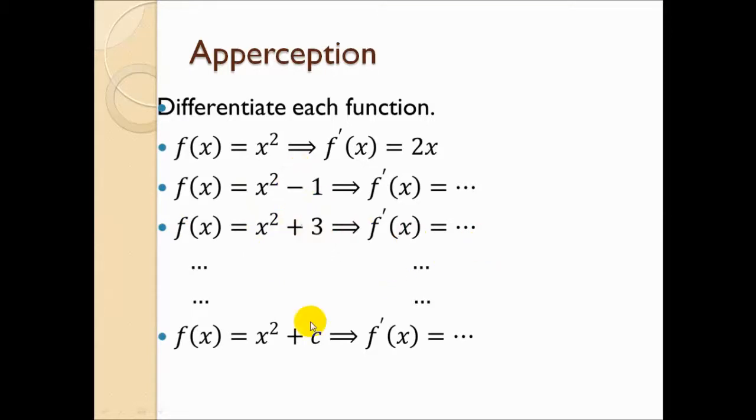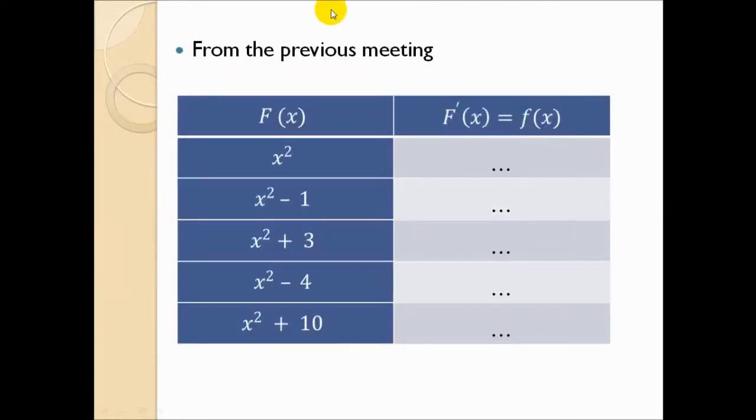Every number here we can symbolize with c, because c is a constant number. So if f(x) is equal to x squared plus c, the derivative is still 2x. From the previous meeting, I symbolize the function with the big letter F(x), from x squared minus 1 until x squared plus 10.